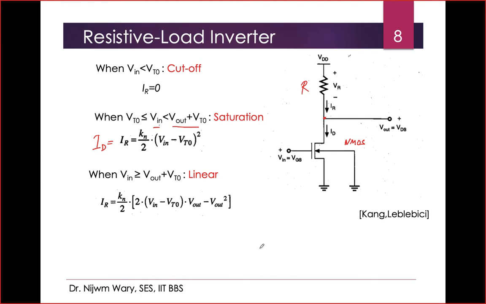Note that Kn here is mu n Cox W by L. This is the Kn constant, so we have to remember that. Mu n is for NMOS, that's why it's written with N; for PMOS it will be mu P. We'll come to the mobility later on.